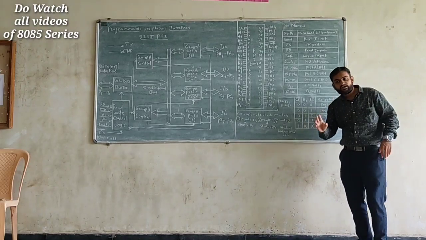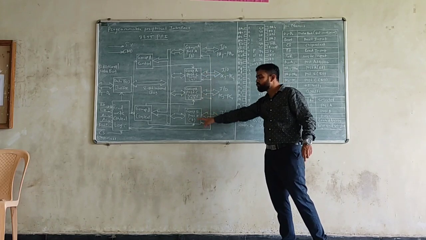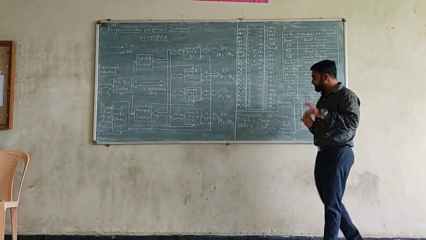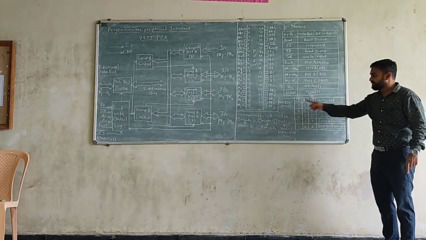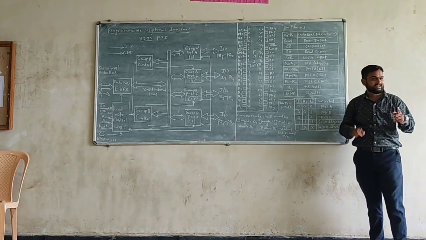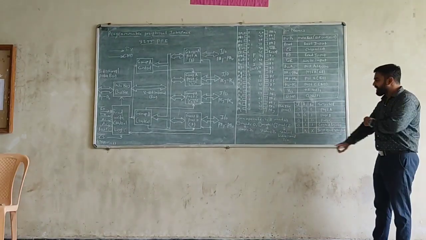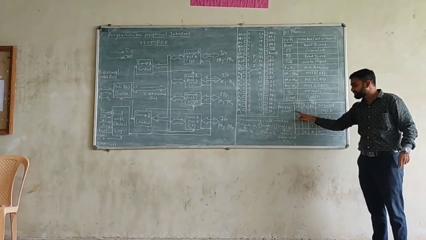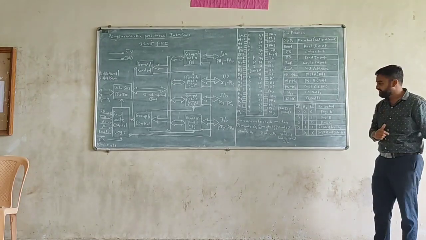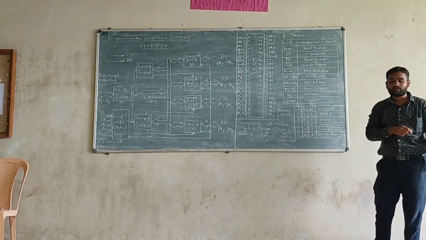Now, how do we select the exact group from these different blocks? It totally depends on this chart, where we have three different signals: chip select, A1 and A0. If chip select is at 0, it is an active low signal, and A1 and A0 are also set at 0.